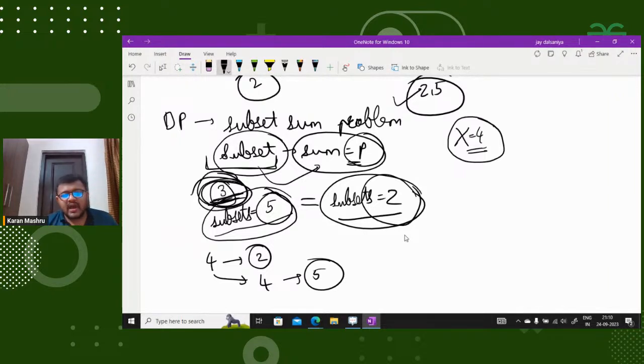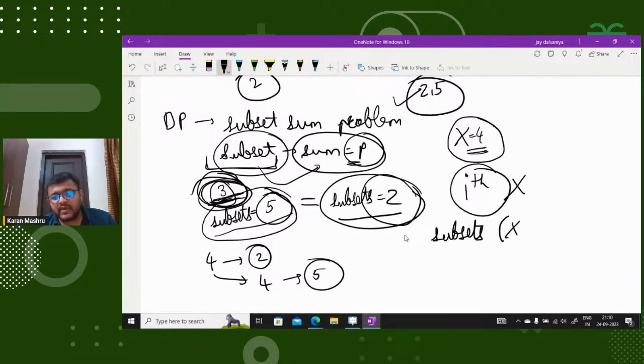Okay. So now what we can do here is, we need that the number of subsequences or subsets whose sum is equal to x should remain the same. So if I do not consider the ith element, and if my number of subsets whose sum is equal to x minus a of i is 0, it means that the ith element does not contribute to any of the subsequences.